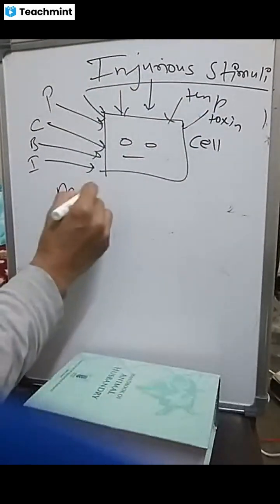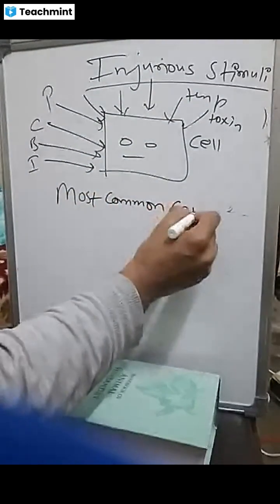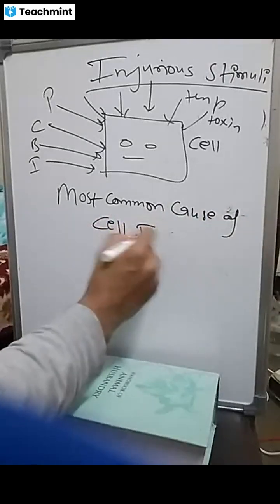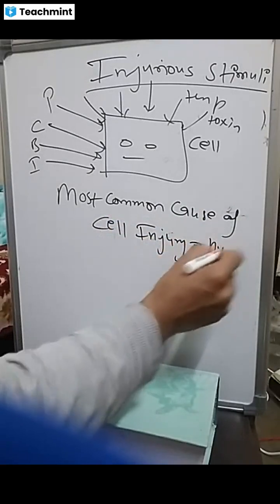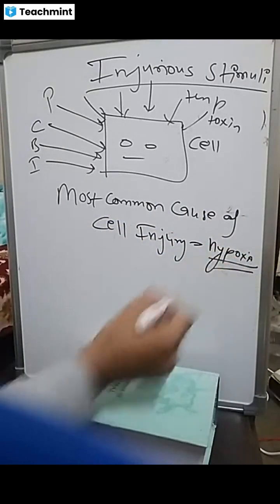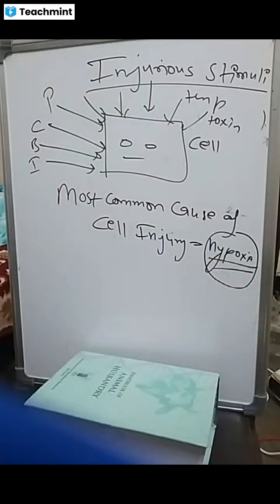Out of that, the most common cause of cell injury is hypoxia. Most common is hypoxia, so we'll discuss what is hypoxia.